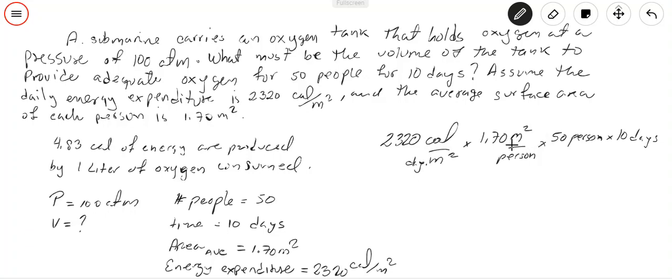If we simplify the square meters with the square meters over here, the person with the person, days with day, the output unit will be calories. So this will be the total number of calories that these 50 people are going to be consuming during 10 days, if we are assuming that the average surface area of a person is 1.70 square meters. So that gives a total of 1,972,000 calories.